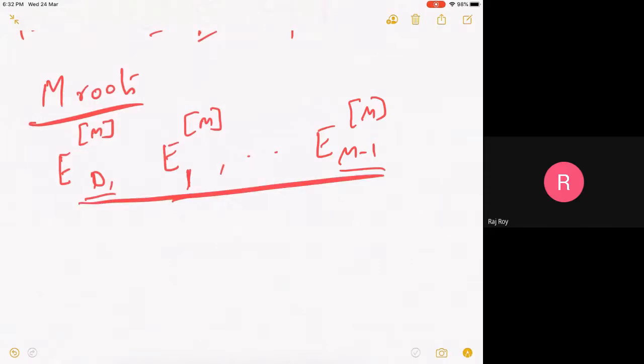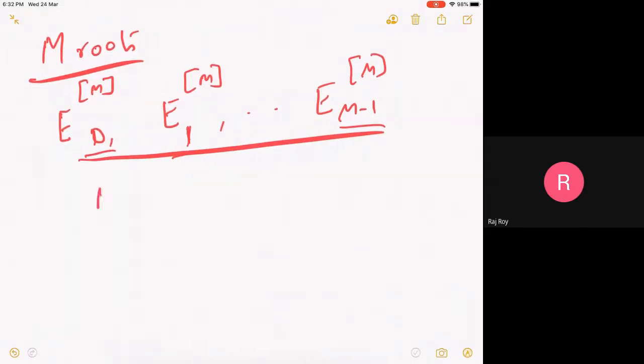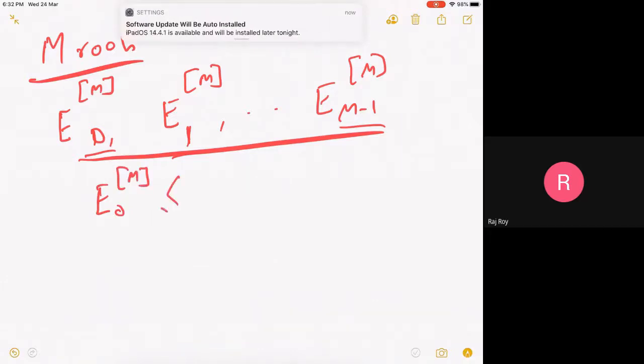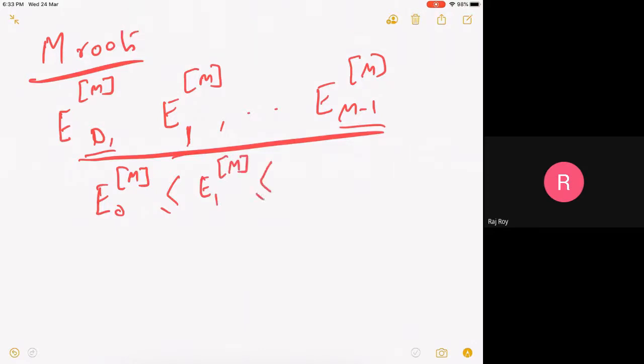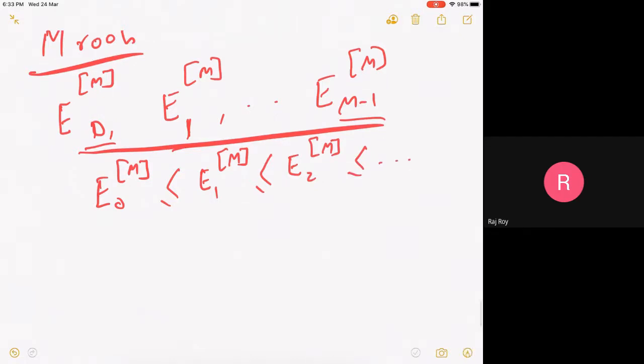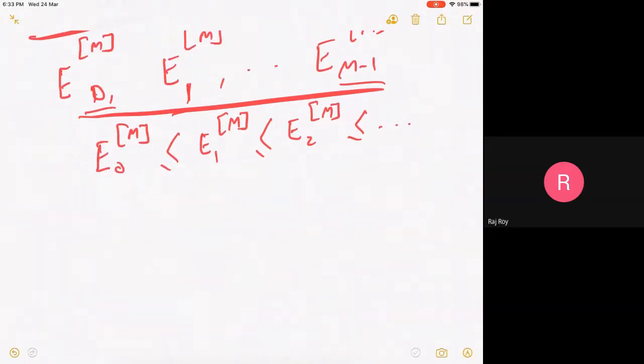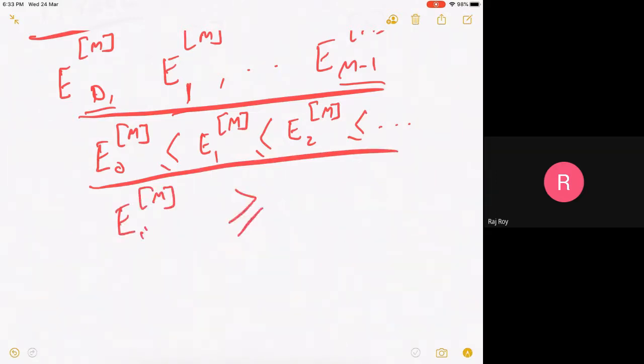I get M roots, and the way I order them is that E0M is the lowest, E1M is the next lowest, and so on. So these are basically excited states, and this is the ground state. I hope it's clear. By the Rayleigh-Ritz variation principle, all these Ei are greater than or equal to epsilon 0.